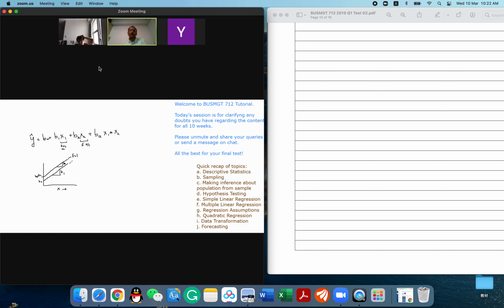But now let's look at this interesting term. Here what I'm saying is, if it happens to be a male, which means my X2 is 0, my equation simply becomes B0 plus B1 X1. But if it happens to be a female, my X2 is now going to be 1.